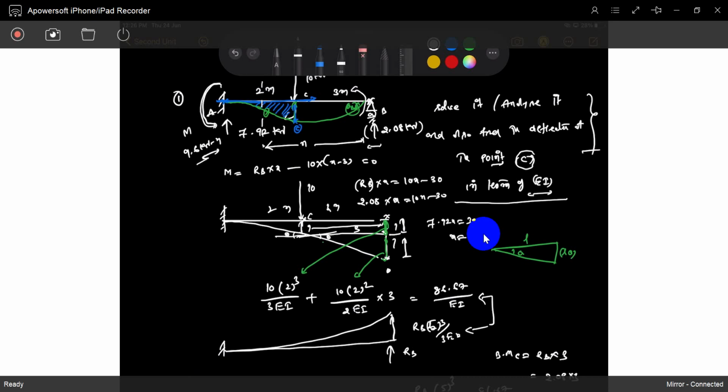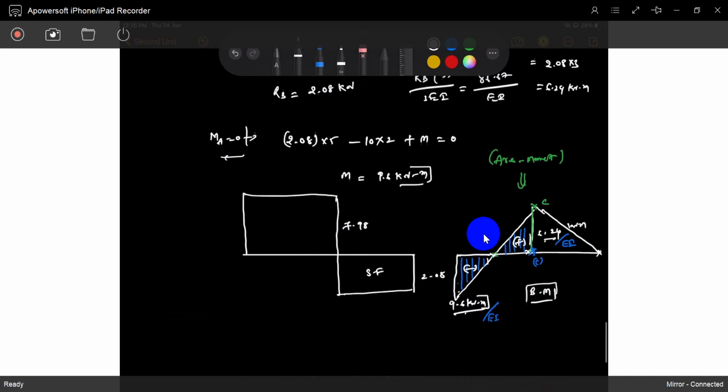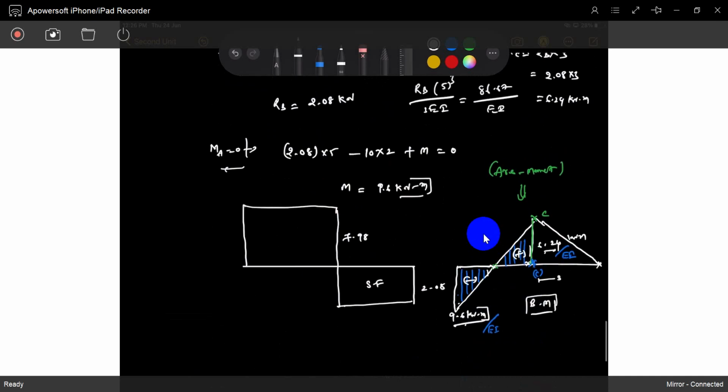What is x? 30 divided by 7.92, it's 3.78. So x is 3.78, the moment is 0. Already we know this is 3, so what is this value? 0.78. If it is 0.78, what is this value? 2 minus 0.78. It's 1.22.